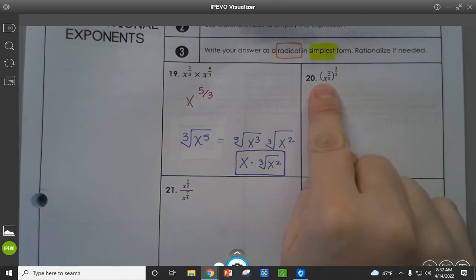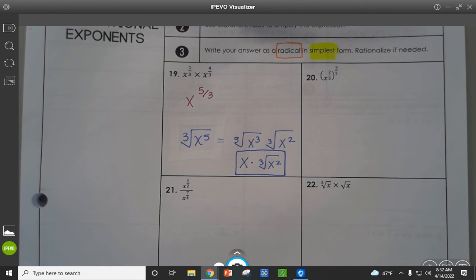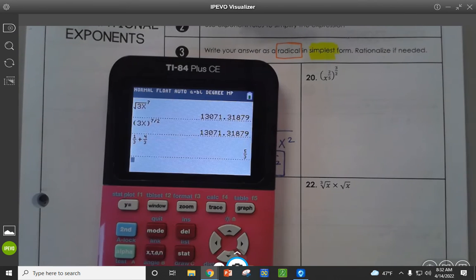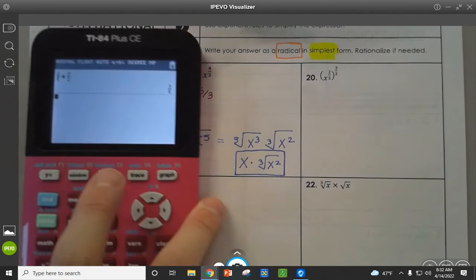Number 20, I have x to the 2/5 raised to the 3/2 power. When we are raising an exponent to an exponent, what do I do with those two? Multiply them. So you can use your calculator if you need to. 2/5 times 3/2 is 3/5.